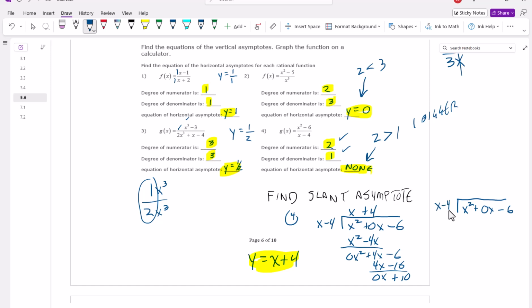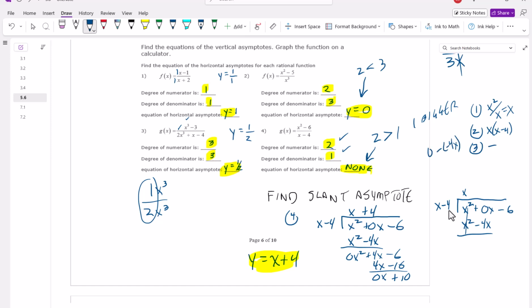So what I do is I start by doing the division. x squared over x equals x, so you do that. Step 2, you do the multiplication. So that is x squared minus 4x. Step 3, you do the subtraction. x squared minus x squared is nothing. Now you're doing 0 minus negative 4x, which is positive 4x.